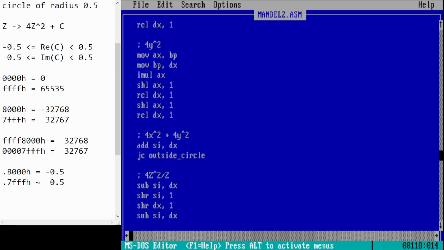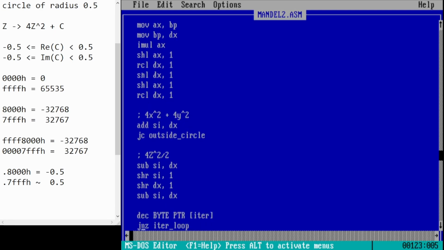But of course, I'm going to be working with shifted values from this point on, so I actually want to shift these values right by 1 bit. That'll also prevent any overflows here when I do this subtraction. So now I carry out the subtraction, and this gives me the new real part of 4z squared, albeit shifted.